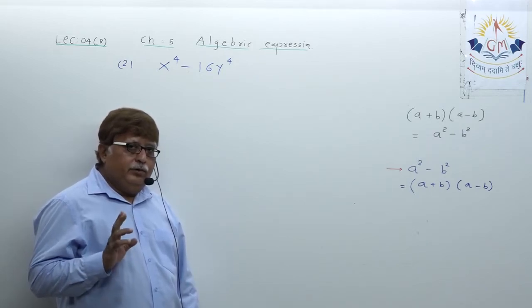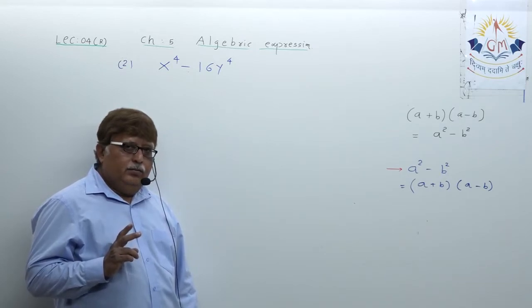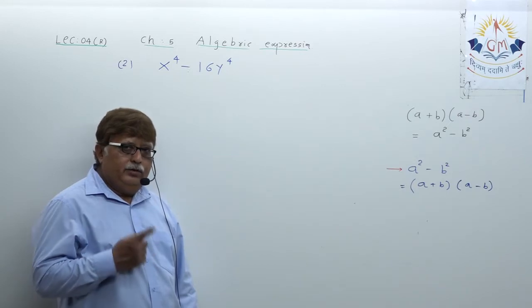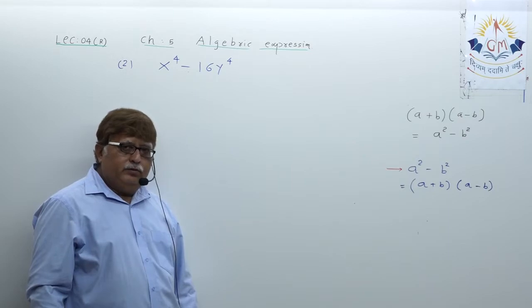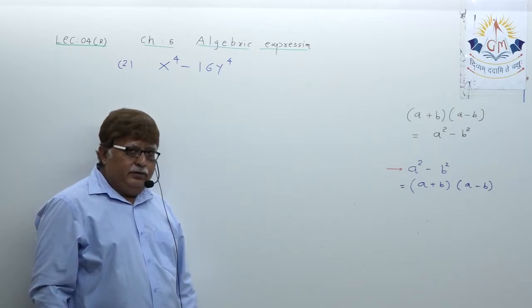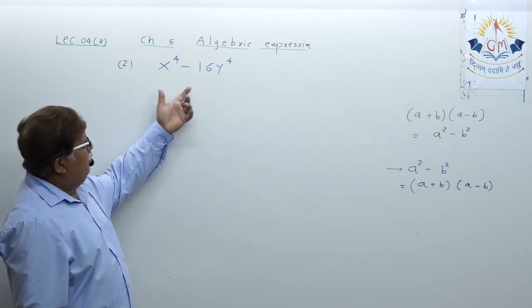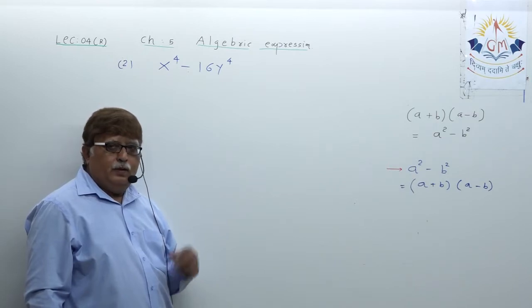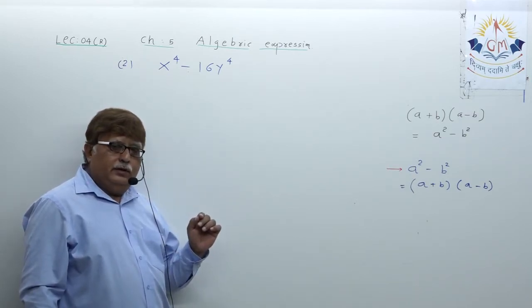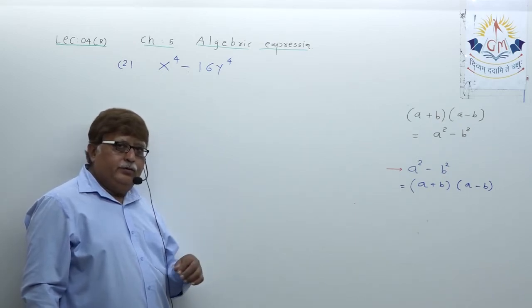What are the clue points? Two terms, both are perfect squares, in between a negative sign. All these parameters are satisfied by this particular example. Two terms, yes. Both are perfect squares, yes.